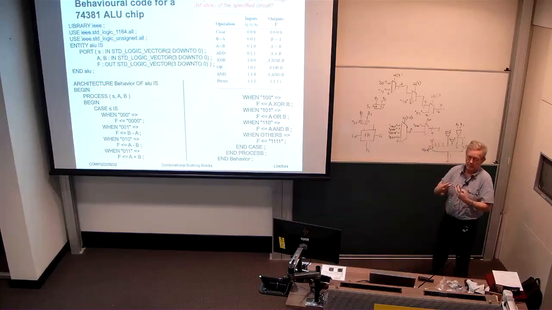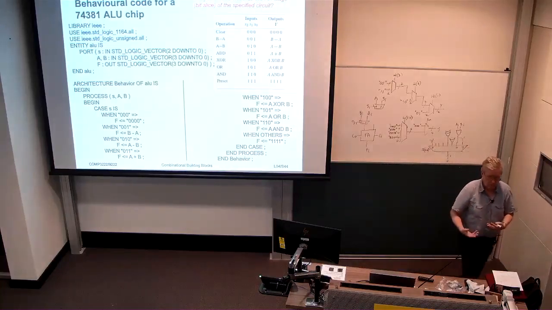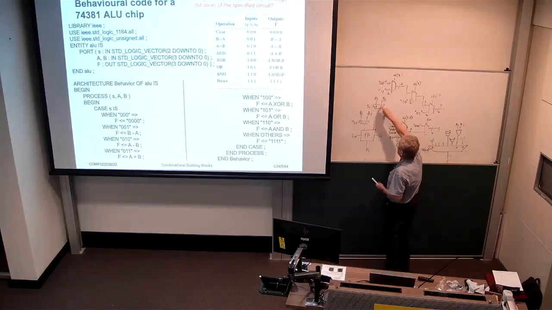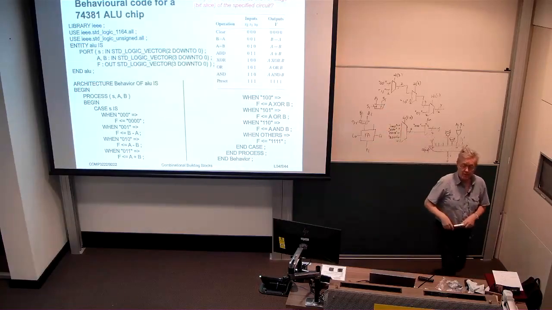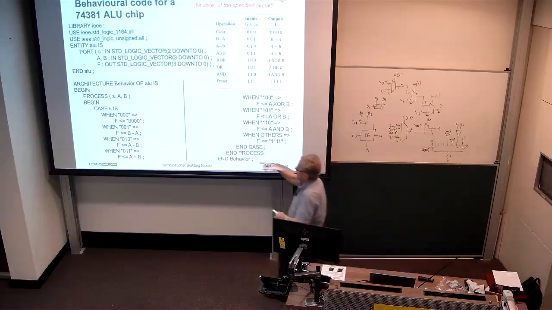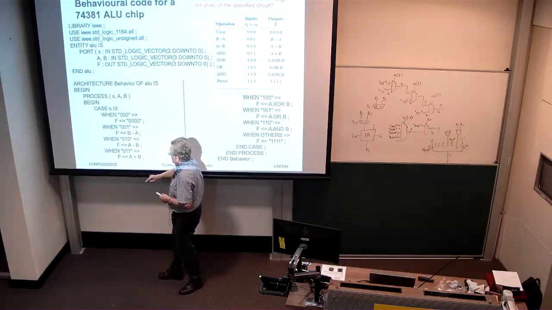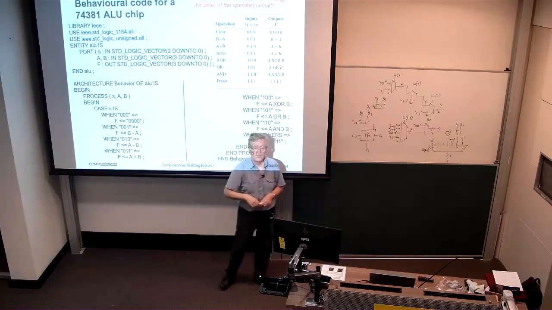So we want to invert, form the ones complement of whichever one of these is selected when we have 0, 0, 1 or 0, 1, 0. But when we have 0, 1, 1, we want to do an addition.